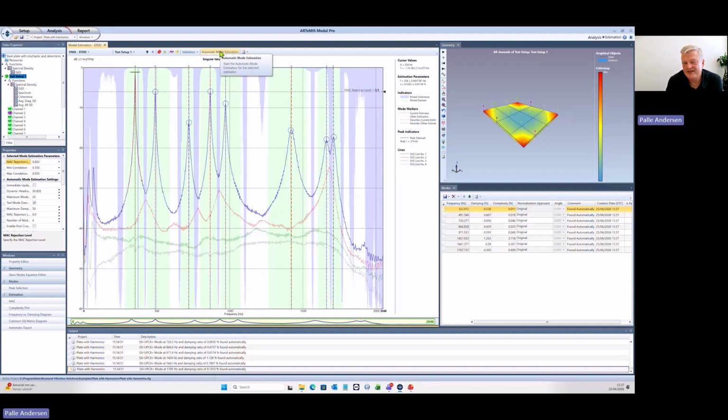The tool here is most applicable for lightly damped structures, because these are the ones where you get these very significant peaks. The more flat your spectrum gets, the more difficult it becomes with the peak picking methods that are relying on that you can actually see a peak.